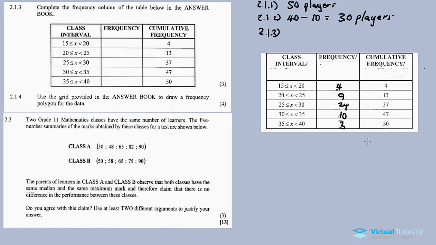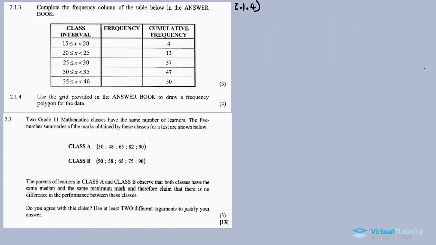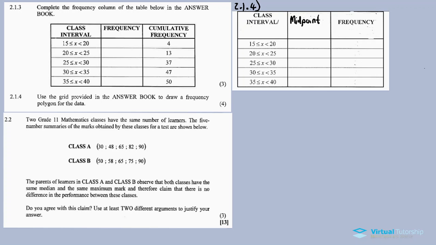Right, 2.1.4. Okay, now 2.1.4, so draw a frequency polygon. The frequency polygon is what you draw using the frequency column as well as the midpoint for the class interval. So therefore, I've prepared another table for calculating our midpoints.